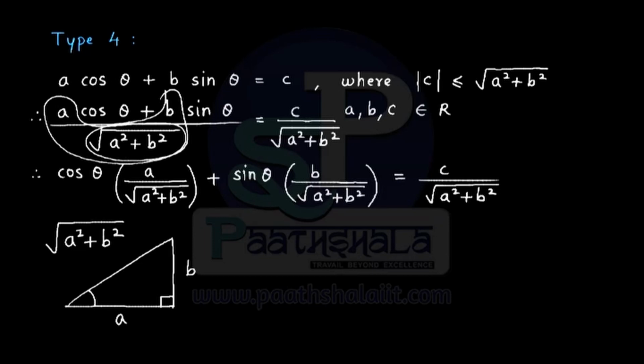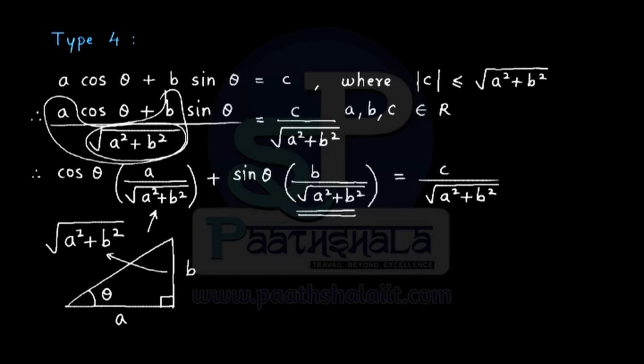So if a and b are two perpendicular sides of a right angle triangle, then the hypotenuse has to be root of a square plus b square. So now if we look at this particular fraction, that is a upon root of a square plus b square, and if we imagine some angle theta in the right angle triangle as shown here, then from the perspective of theta, the fraction a upon root of a square plus b square represents the cos of theta, and immediately b upon root of a square plus b square, which is the second term, represents the sine of theta, right?